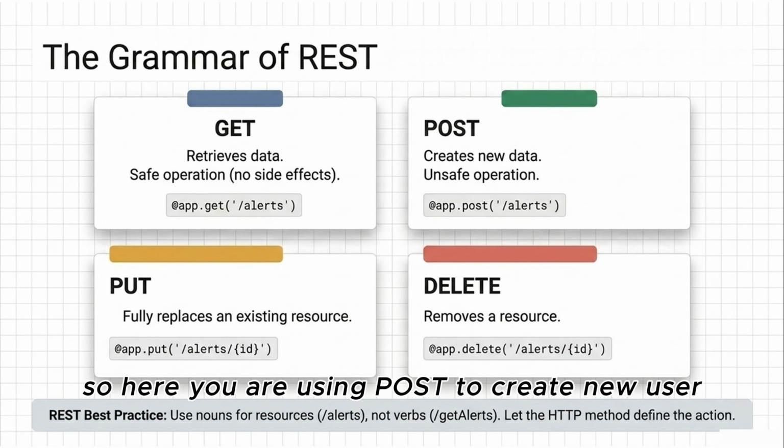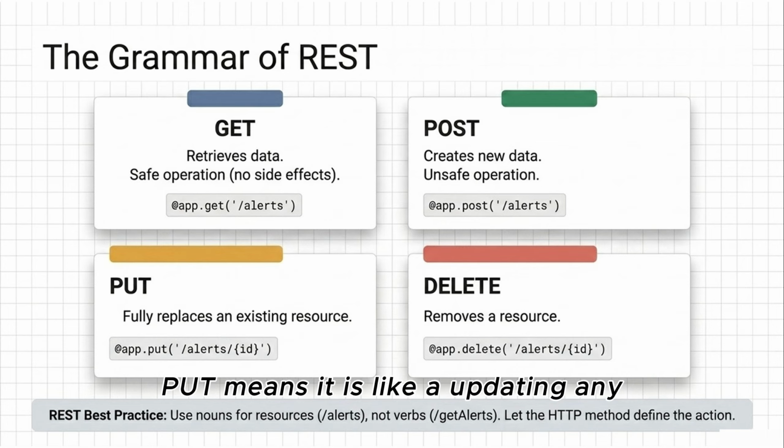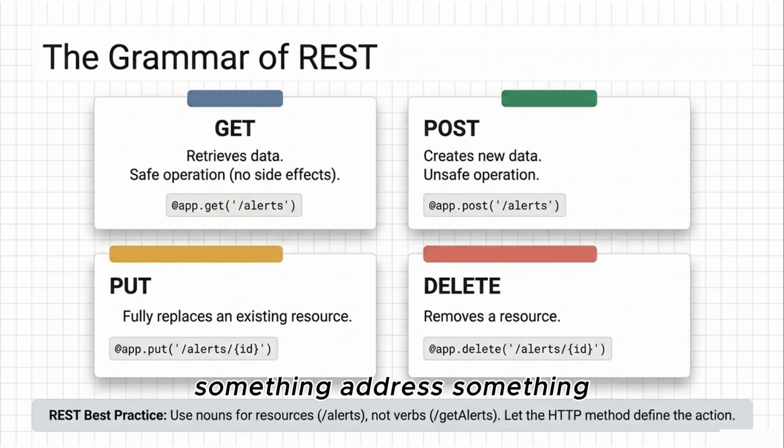So here you are using POST to create a new registered user at your resource. So that is creating. And PUT means updating an existing resource, like when a registered user wants to update some contact details, say their address.